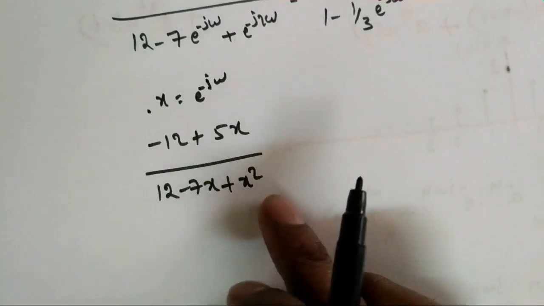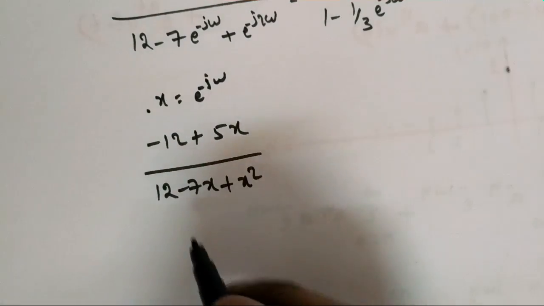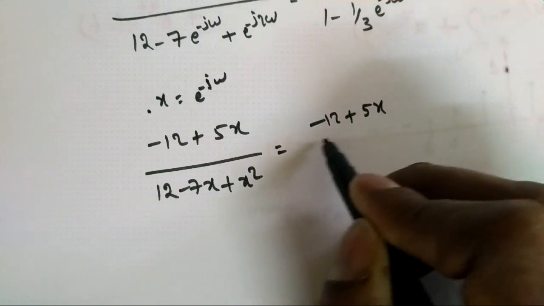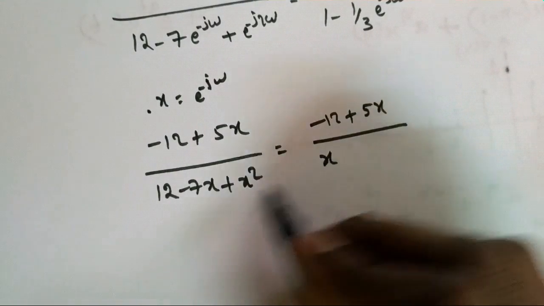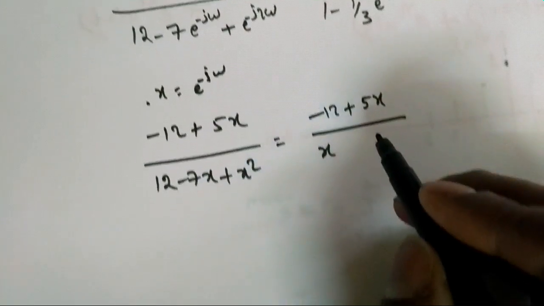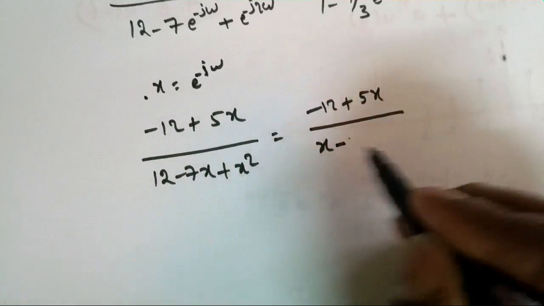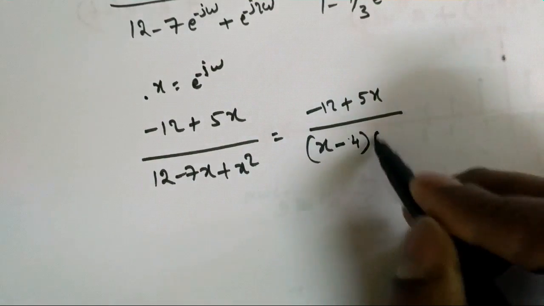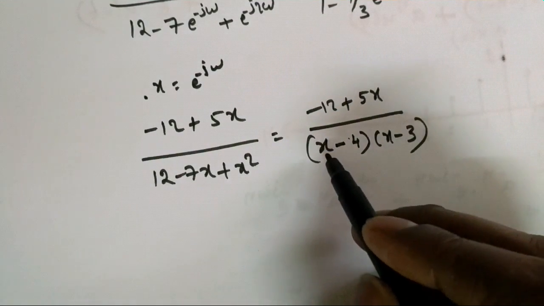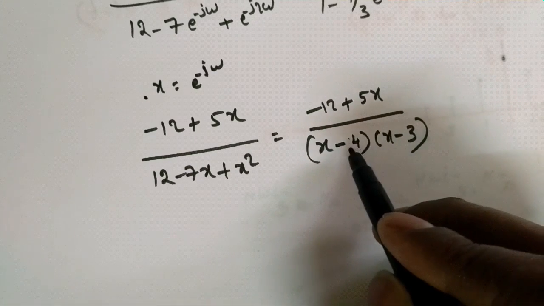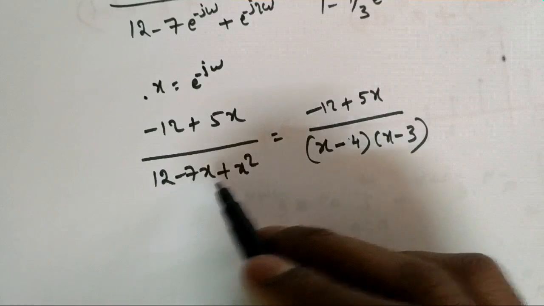So this will become x square minus 7x plus 12. That means this can be easily written as minus 12 plus 5x by... See, we should get minus 7, right? So if it is written like this, the factors are 4 and 3, so x minus 4 into x minus 3. So x square minus 3x minus 4x, minus 7x, minus 4 into minus 3 is plus 12.